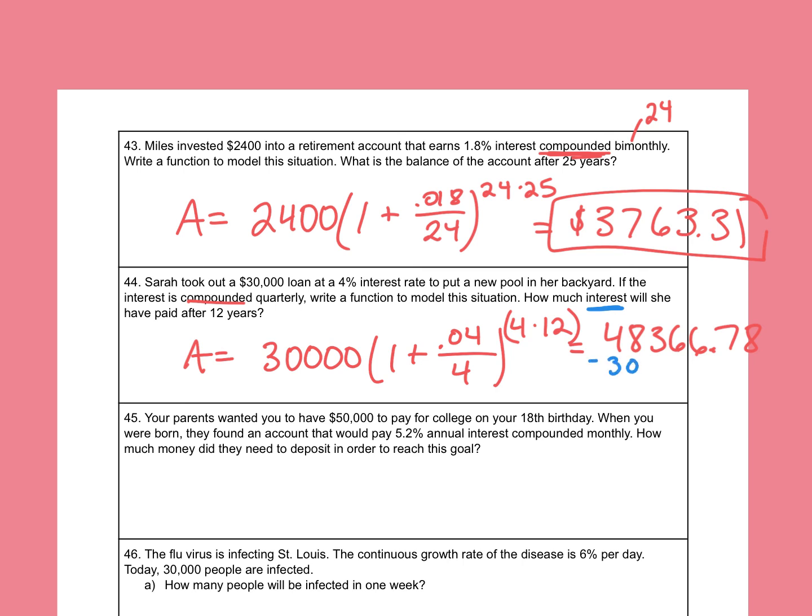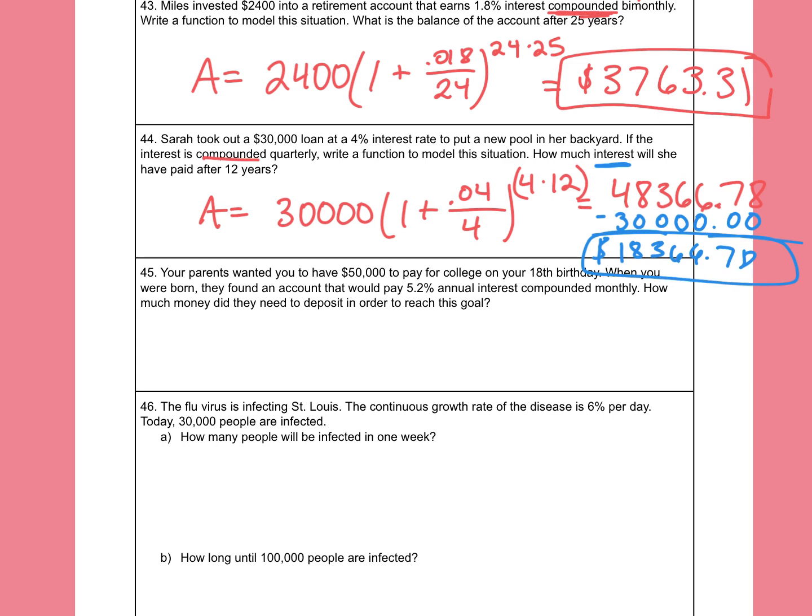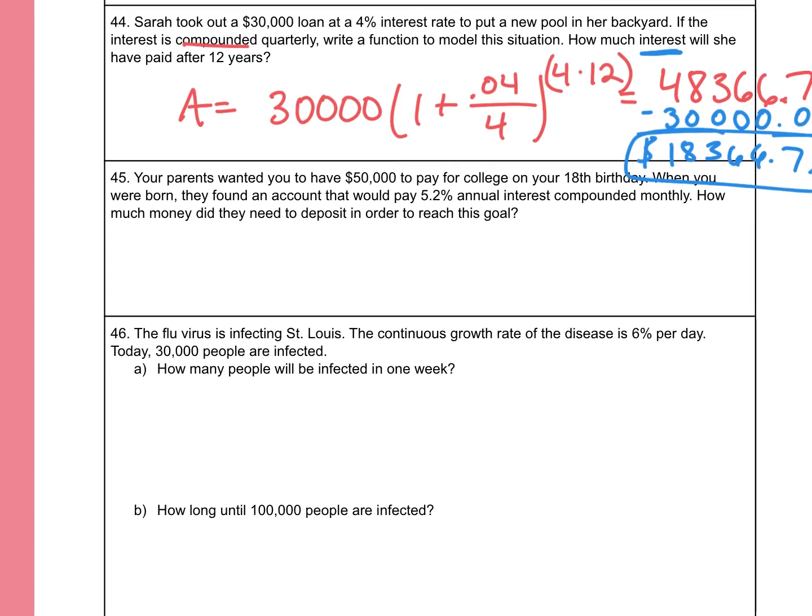We'll just go ahead and write that out so we have it, okay? When you subtract that, you're going to get $18,366.78. So that would be your answer, okay? So make sure you read the question on these. The biggest thing is just reading through, finding those keywords, figuring out what you're supposed to do, okay?